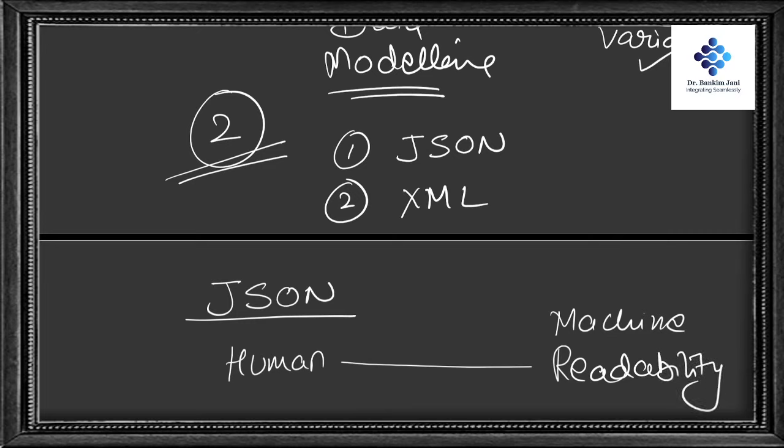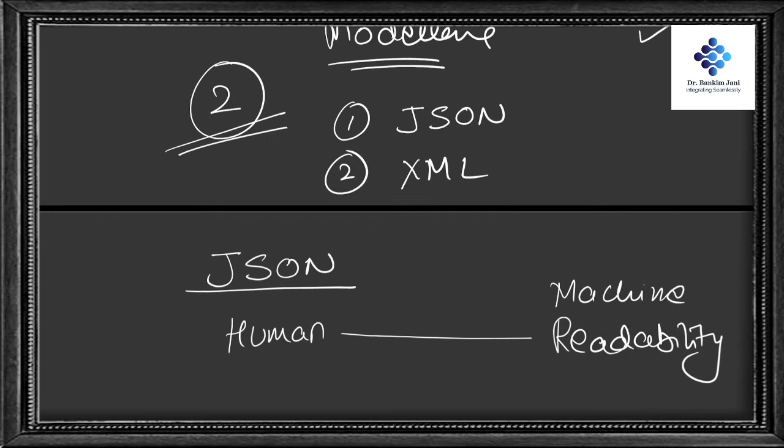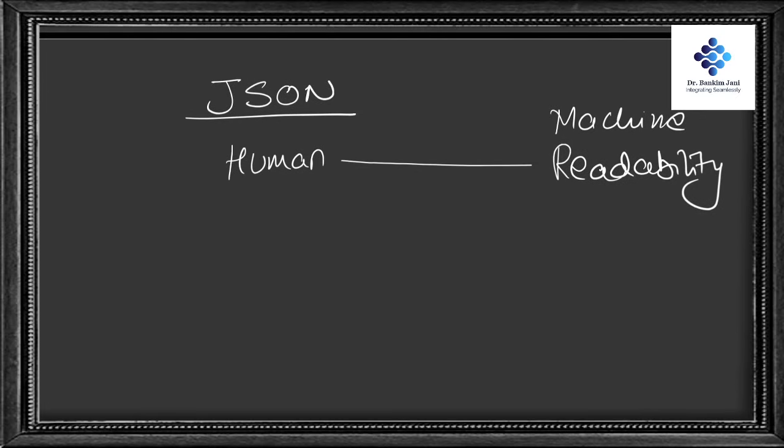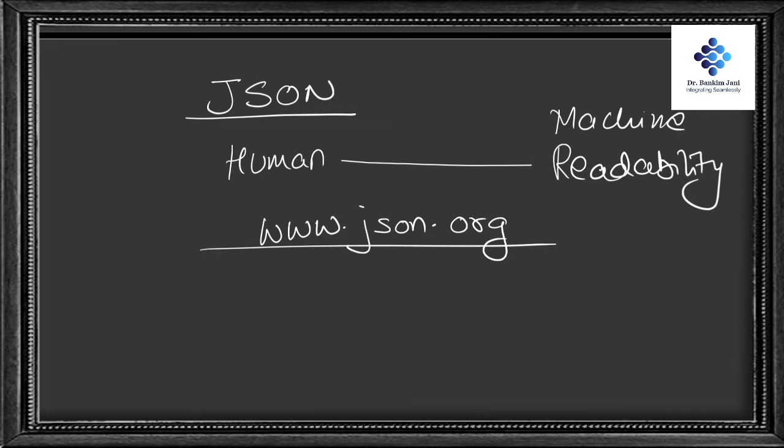This is a very good thing. If we want to go into more detail, we can get that at www.json.org. But JSON is a combination, like a bridge between the way humans read and the way machines read. We'll see an example.